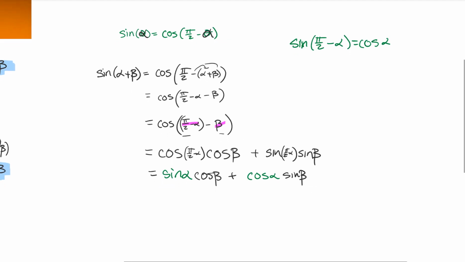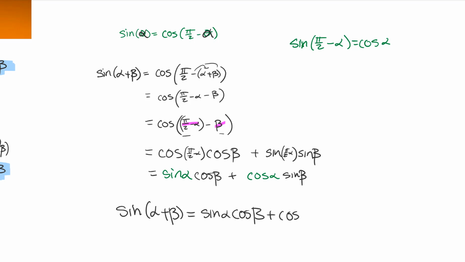So it appears to be that sine of alpha plus beta is indeed equal to sine alpha cosine beta plus cosine alpha sine beta. And it appears that sine keeps the same sign.